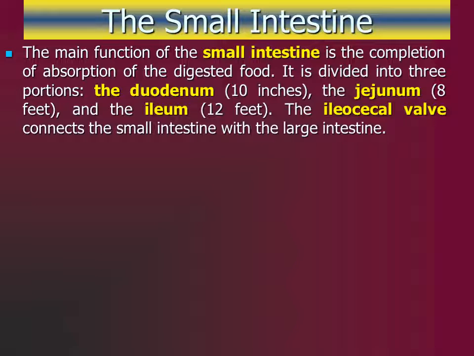The mucosa of the small intestine contains many pits lined with glandular epithelium. These pits are known as the intestinal glands or crypts of Lieberkühn. They secrete the intestinal digestive enzymes that supplement the bulk of the digestive enzymes secreted by the liver and the pancreas.